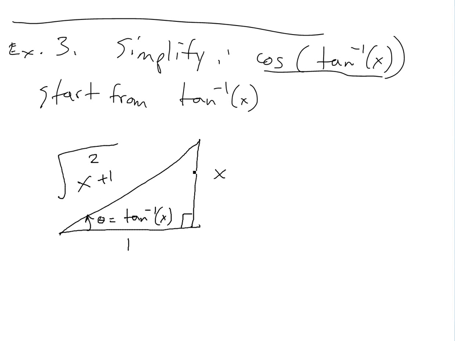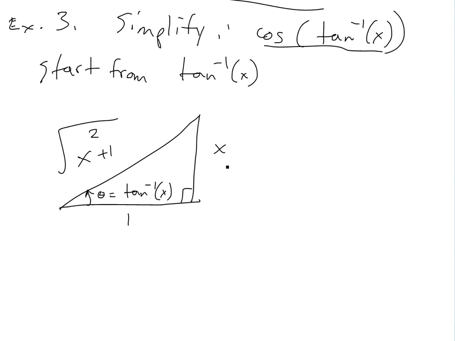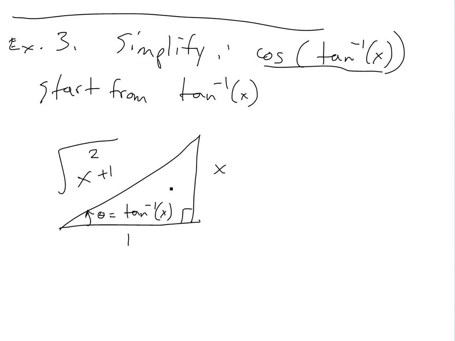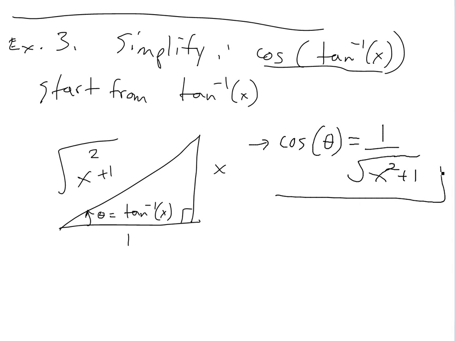Now we want cos theta, which equals adjacent over hypotenuse, so 1 over root x squared plus 1. Very easy. You simplified it and got rid of all the inverse trig functions, and that's what it is.